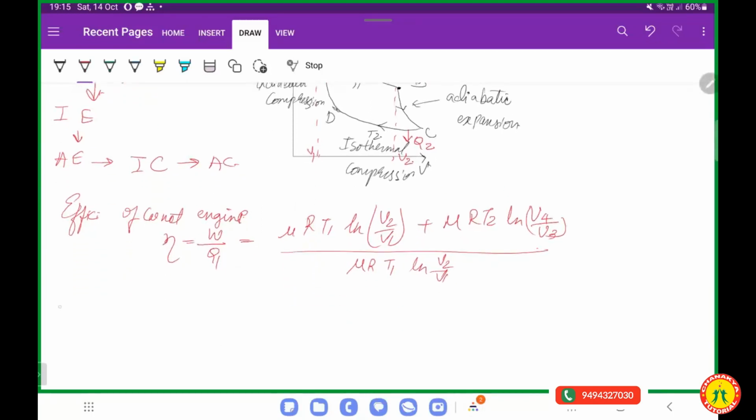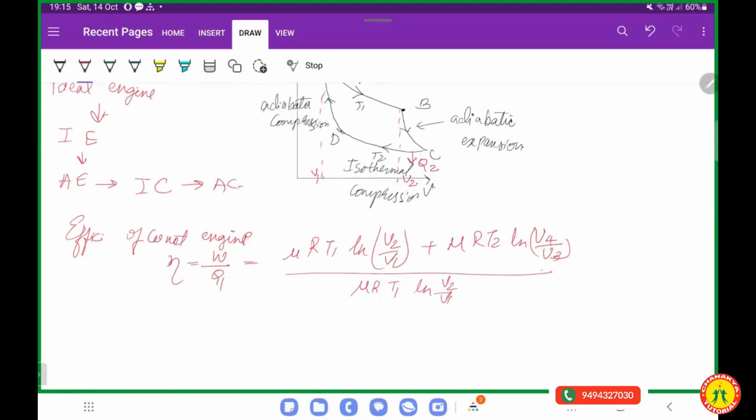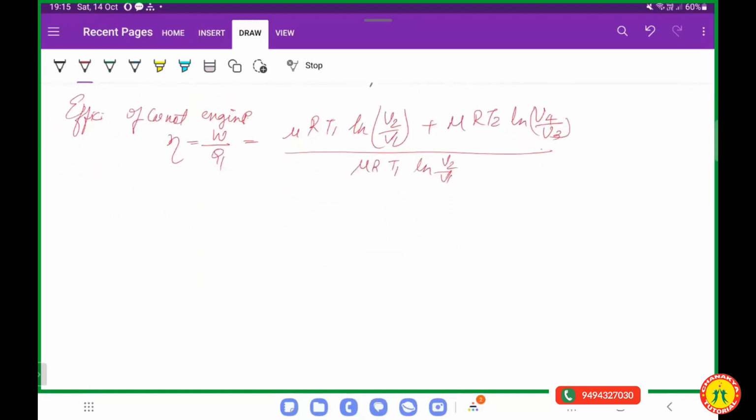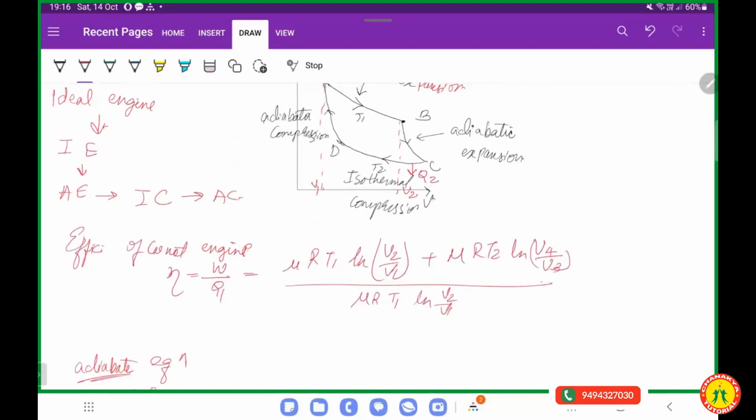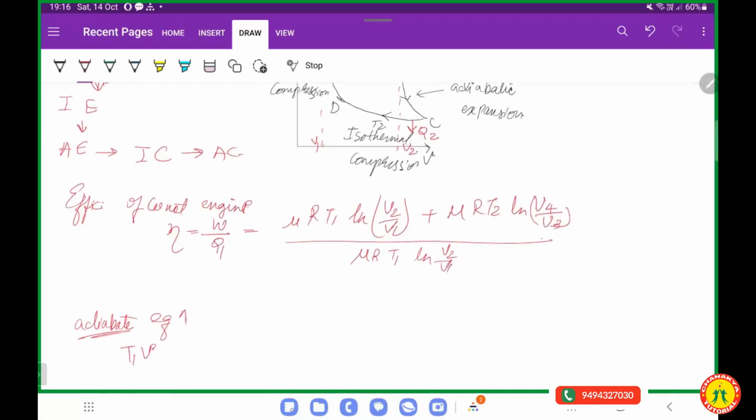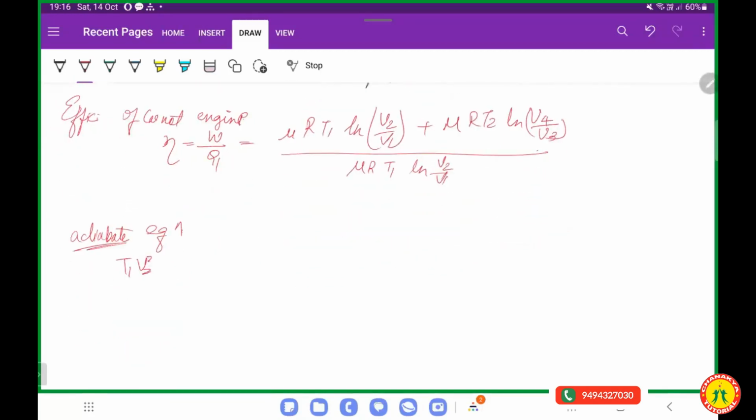So adiabatic equations we can write from this one, BC and DA. Those are adiabatic equations. T1 V2 gamma minus 1 equals T2 V3 gamma minus 1.